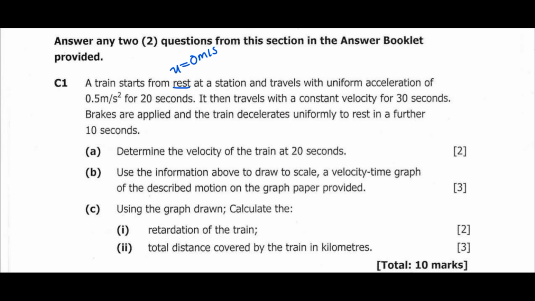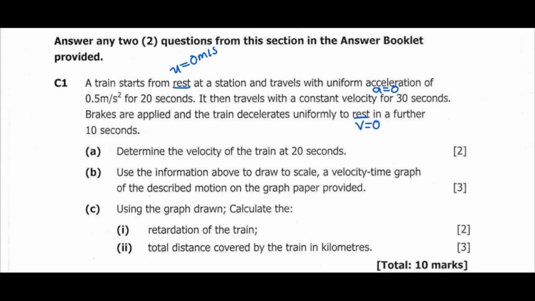Okay. It then travels with a constant velocity for 30 seconds. Whenever we have constant velocity, the acceleration is 0. Brakes are applied and the train decelerates uniformly to rest in a further 10 seconds. If it comes to rest, the final velocity is 0. Now the question is, determine the velocity of the train at 20 seconds.